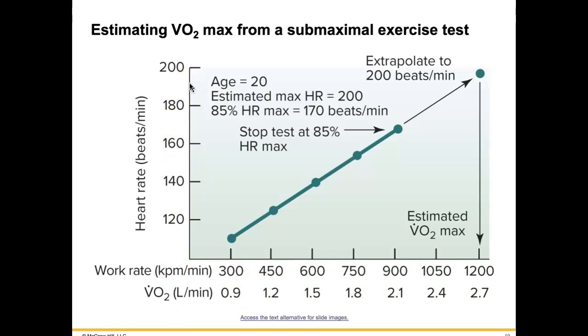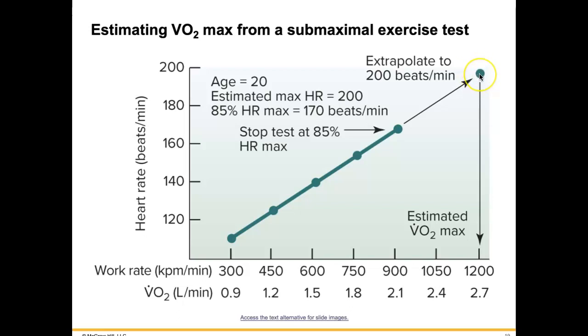So using this submaximal test, we can see that the subject reaches about 85% of their heart rate max, and they stop the test. But what we could do is kind of draw in this linear relationship and continue to estimate where their maximal heart rate is. And in this case, it is 200 beats per minute.